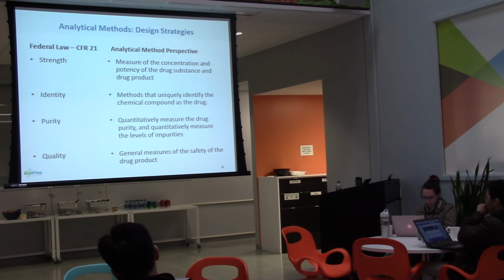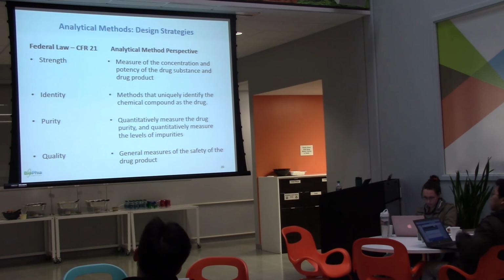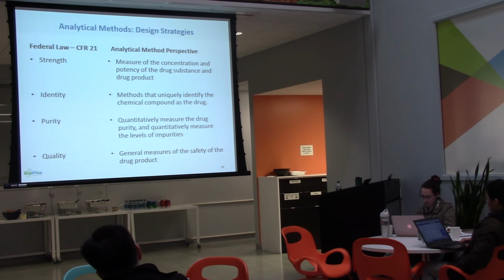So federal law requires you to define the identity, purity, and quality of your product. Not only the drug itself, but the drug product. So strength, you're measuring the concentration of potency in that substance. Identity, you're using things which uniquely identify it as the drug, so active HPLC and so on.